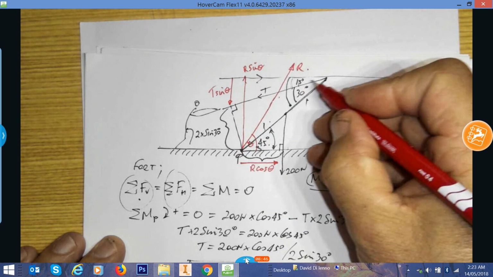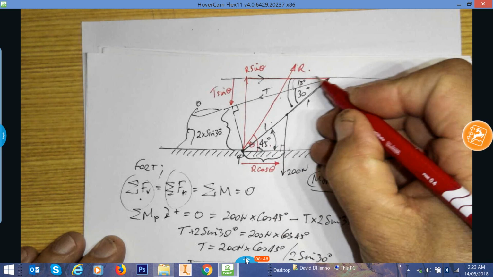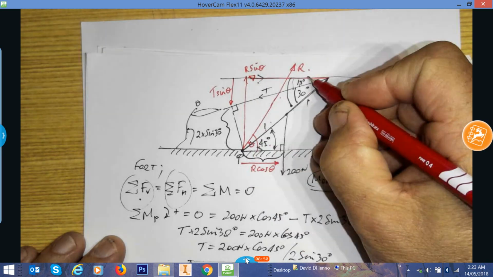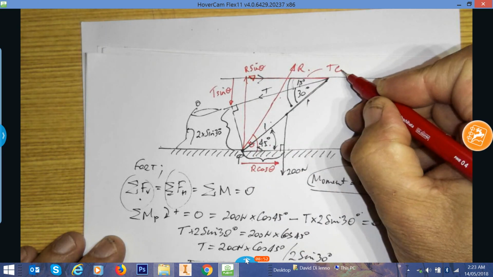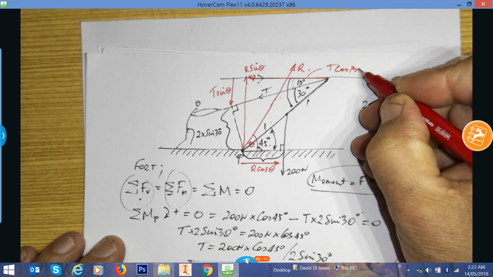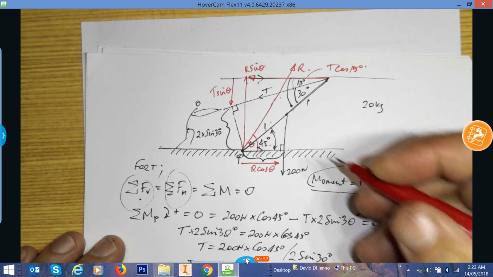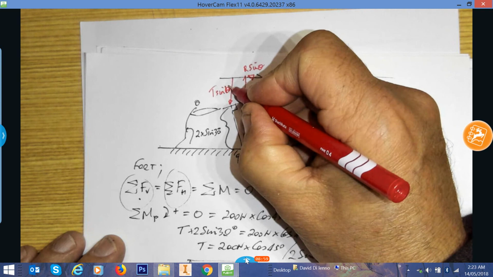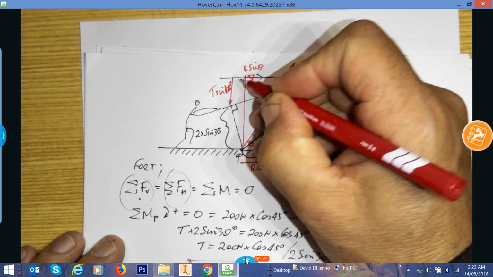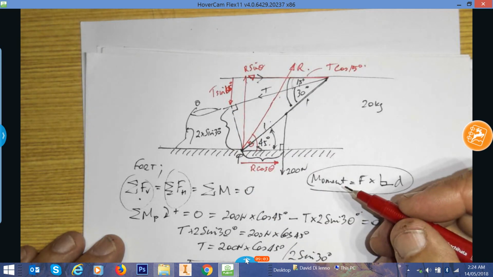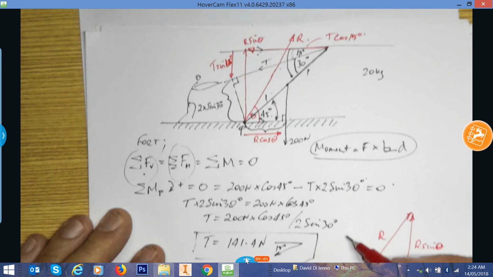And this one here, there's a lot of arrows popping up, aren't there? Which will be T cos of 15 degrees. So I better fix that up. That's 15 degrees there.